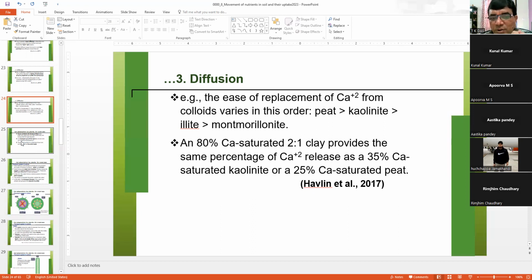They are not easily lost. They are not easily removed from the exchangeable sites as compared to peat or kaolinite. So this is the order of their release from the exchangeable site, or replacement. Montmorillonite holds calcium very tightly, so less is released. Okay, less is released, sir. Clear.